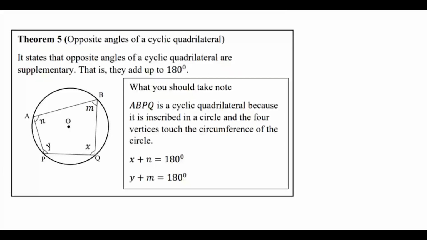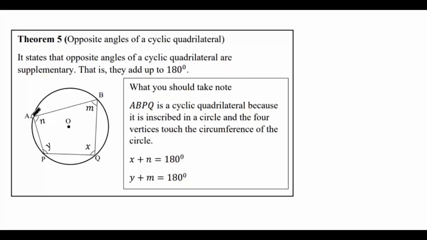That will be the fifth one: opposite angles of a cyclic quadrilateral. This was the theorem I used when I was illustrating the steps you should take when solving questions involving circle geometry. The first thing is your ability to identify a cyclic quadrilateral, which is very important, because students, from experience, tend to take a wrong one to be a cyclic quadrilateral.